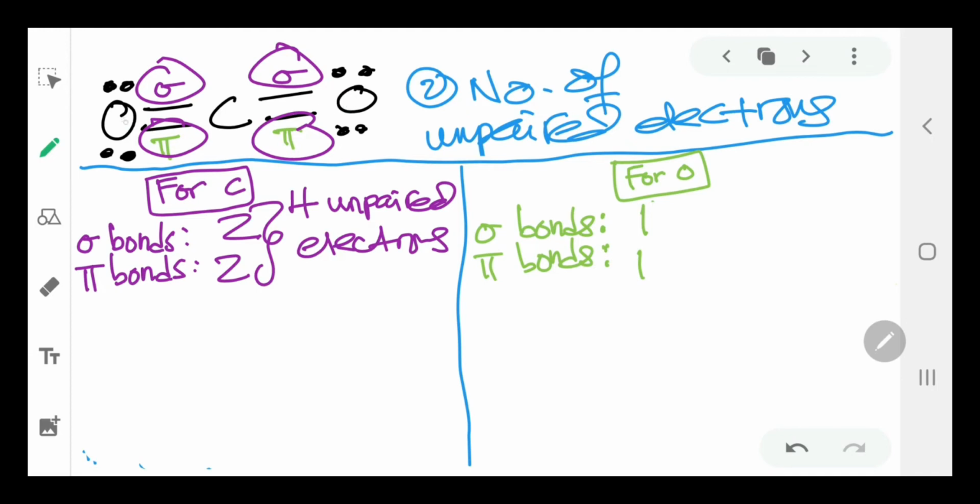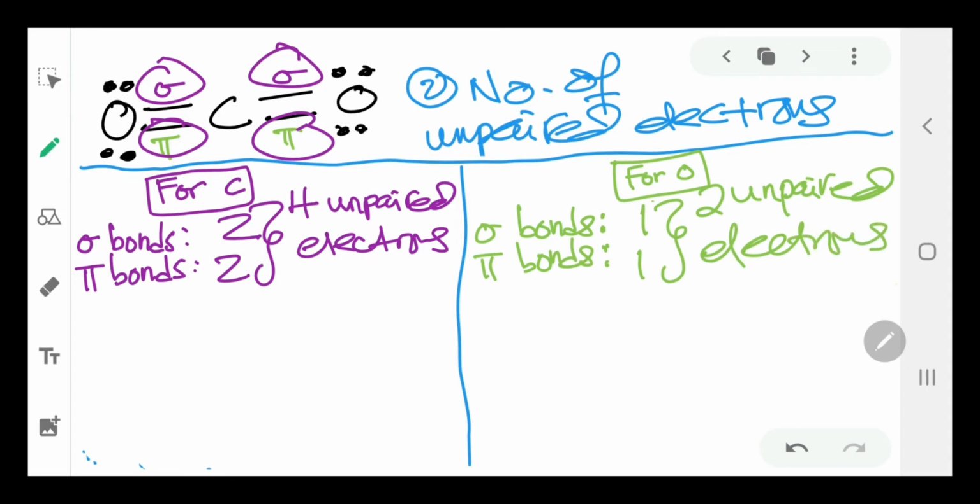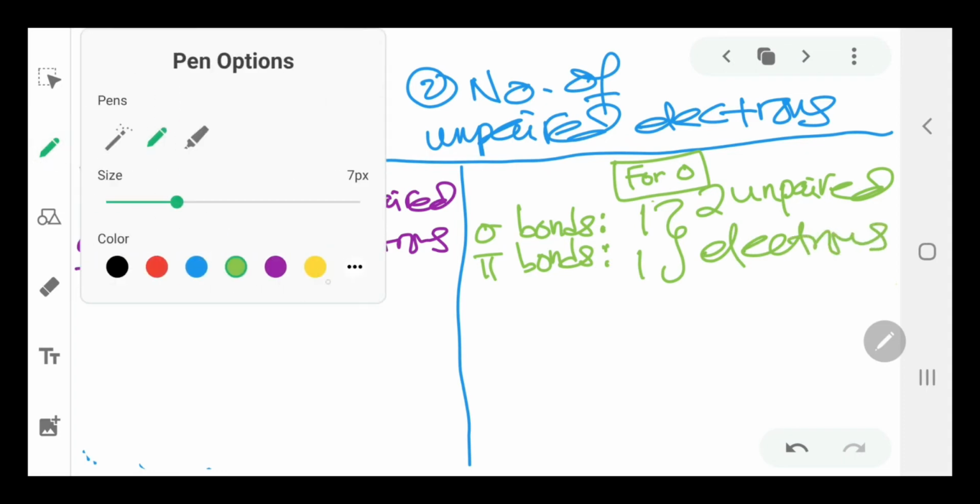That one is another oxygen terminal atom, but they are identical. So we have 1 sigma bond, 1 pi bond. Therefore, for the oxygen terminal atoms, we need 2 unpaired electrons.